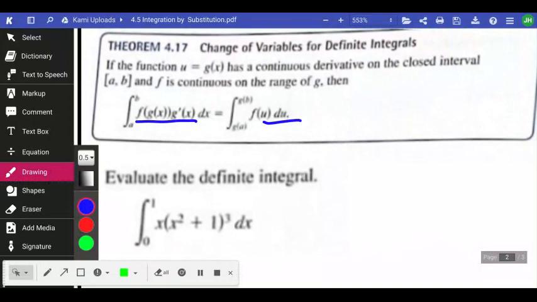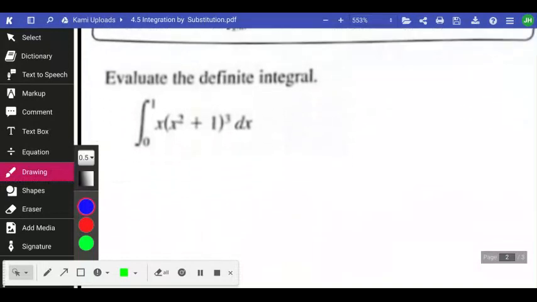They are plug in a and plug in b. That's important because I can't integrate and have all this u stuff and be plugging in x values if I don't have x's. So if you want to put things back and make everything x's, then you can have your limits of integration be x's. But if you want to save yourself some trouble and not put everything back and leave it as u, you just plug in u's. Okay, so that's what we're going to do.